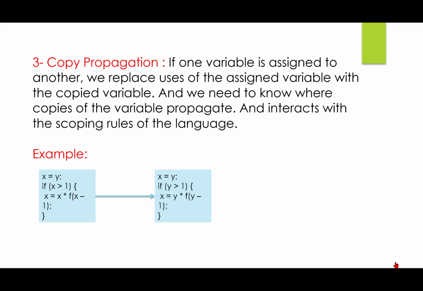Number 3, copy propagation. If one variable is assigned to another, we replace uses of the assigned variable with the copied variable, and we need to know where copies of the variable propagate and interact with the scoping rules of the language. For example, x equal y. If x larger than 1, then x equal x star f of x minus 1.